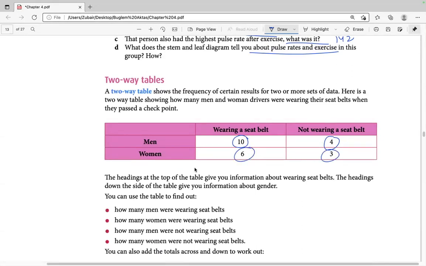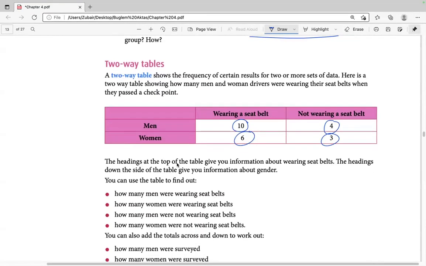It is about men and women and wearing or not wearing. The heading at the top of the table gives you information about wearing a seatbelt or not. The side gives you the information about gender. So you can use the table to find out how many men were wearing seat belts. So basically, again, we'll categorize these as analysis graphs or analysis tables.